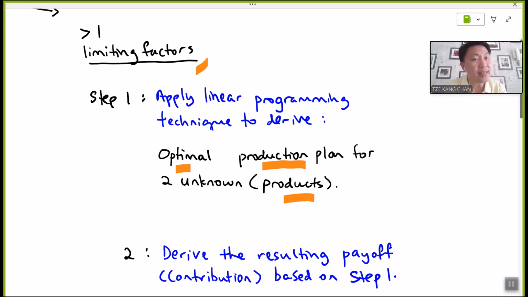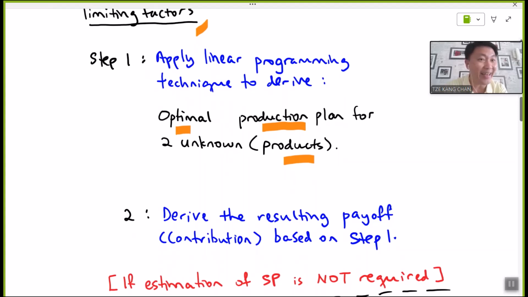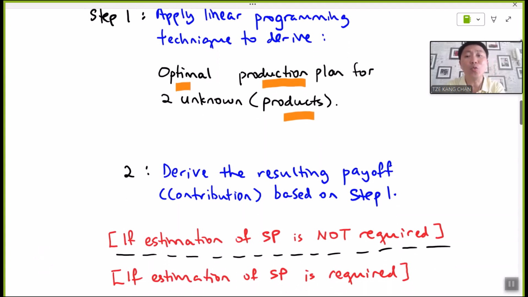Based upon such an optimal production plan, which you should have learned in linear programming technique and which is not part of this video to demonstrate in full, you will be able to make use of the optimal production plan in deriving the resulting payoff, which is termed contributions.